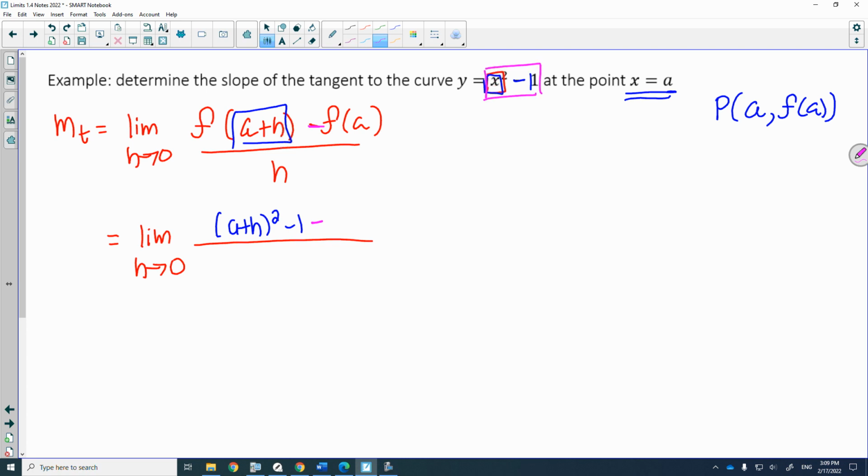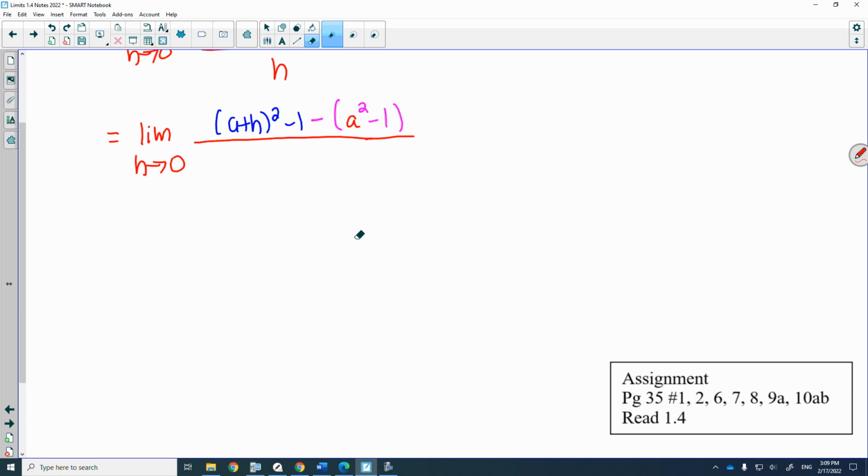So the f of a is our given function, and that would be x squared minus 1. Sorry, a squared minus 1. Right? So into our function, it just says to input an a into the function, which would be a squared minus 1. And that's all going to be over h.